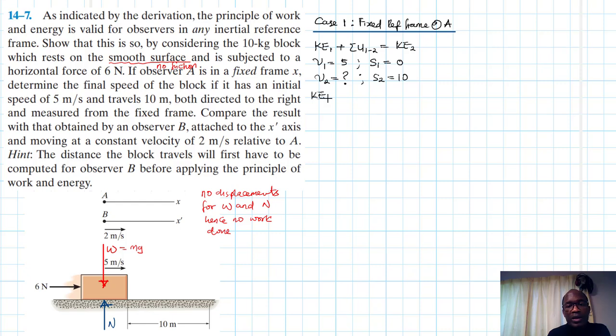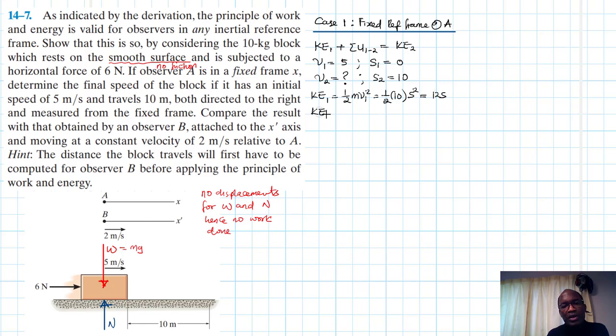And then KE1 will just be equal to half m V1 squared. All the kinetic energies, KE1 and KE2, are going to be positive because we are squaring the velocity. Okay, so we have half times 10 kg times 5 squared, and this is 125 joules.